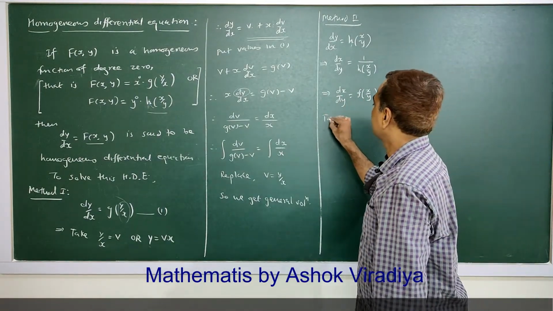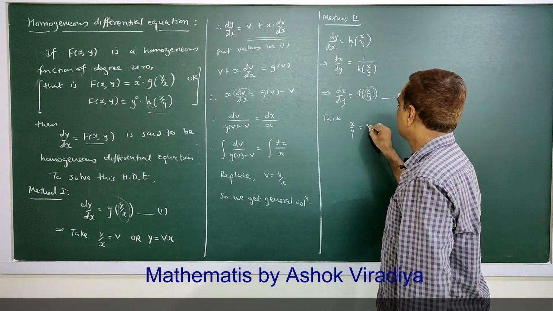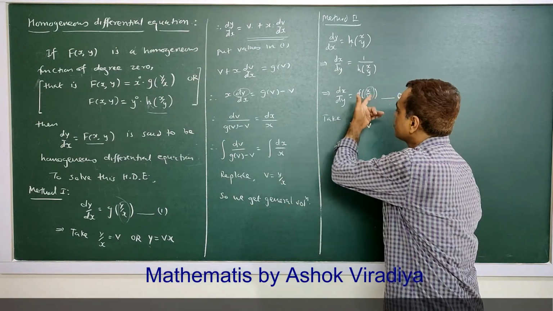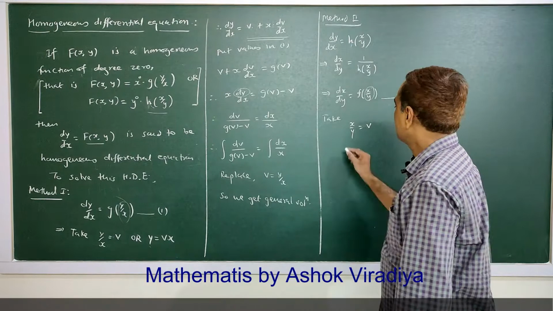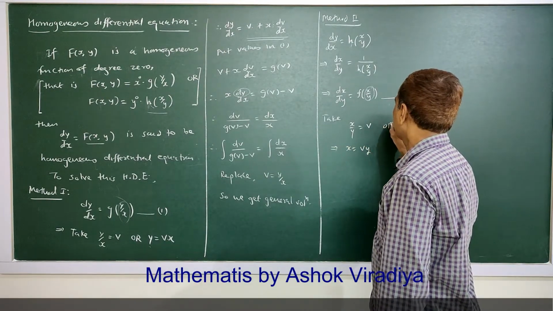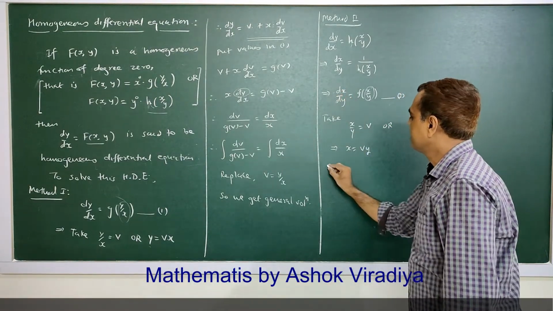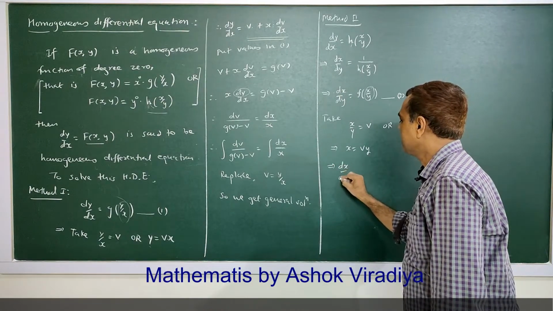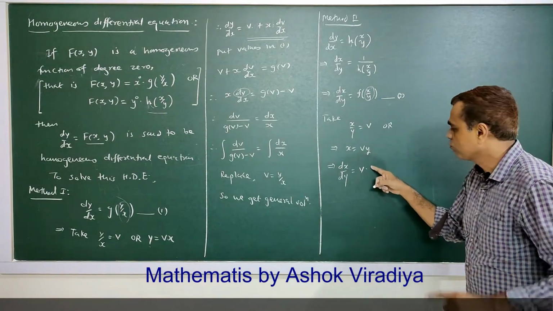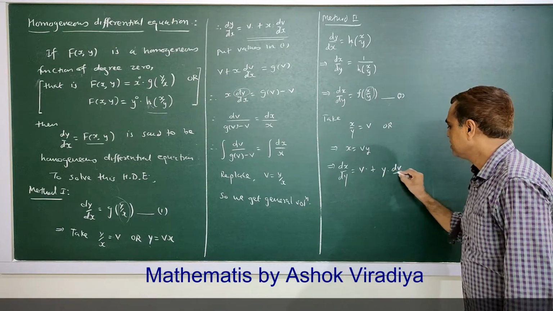Now we substitute x by y equal to v. As in the first method we took y by x as v, here we are going to take x by y equal to v. That means x is v into y. Now because we want to put the value of dx by dy, differentiating this with respect to y, dx by dy is v as it is, derivative of y with respect to y is 1, plus y as it is, derivative of v is dv by dy.